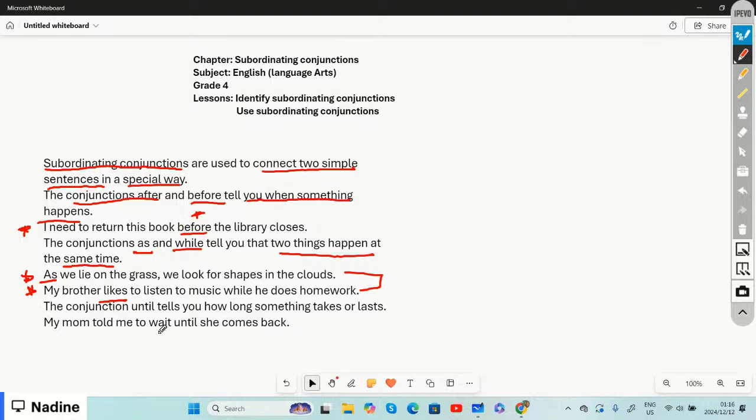And then also our conjunction until tells you how long something takes or how long it lasts.